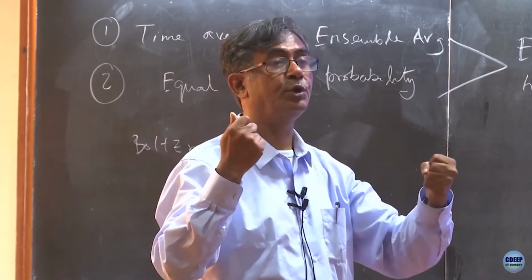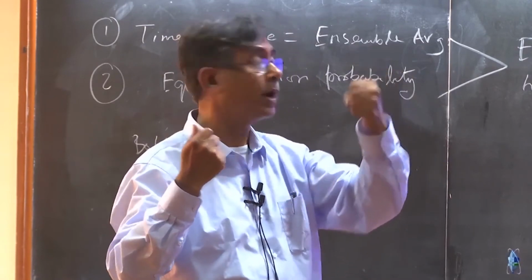So he made an approximation that f2(r1,p1,r2,p2,t) factorizes into f(r1,p1,t) times f(r2,p2,t).